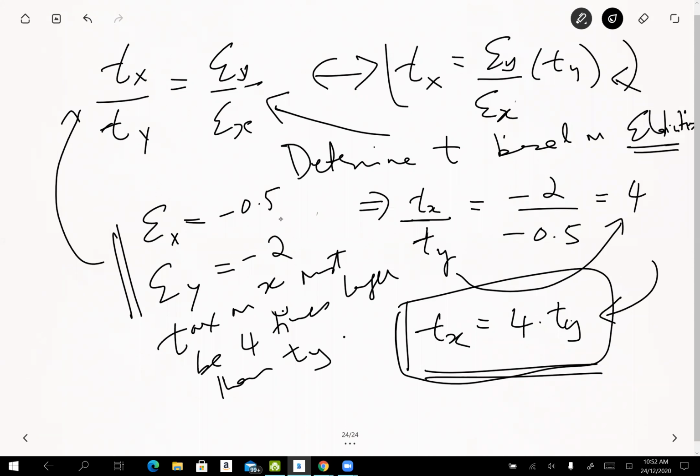All right. So based on what we have learned earlier, we can relate the elasticities to the tax rate. The tax on X, which is more inelastic, is 4 times higher than the tax on Y. Now, when the demand is more inelastic, what about the excess burden?